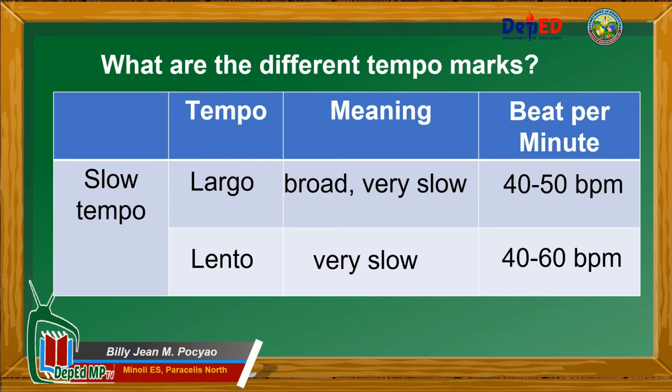The difference between the two is that lento is generally slow, and largo is reserved for more broadly played music. Largo is usually reserved for thick, bold, or even majestic sounds, like the feeling you might get when approaching a king's castle. Lento, on the other hand, is used to denote slow music in general, and tends not to be so thick or emotional.